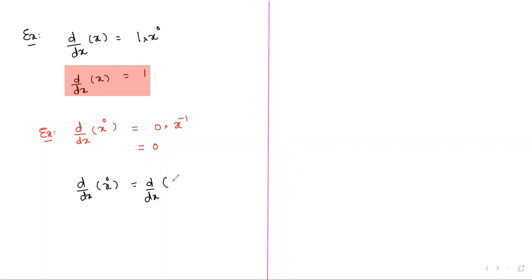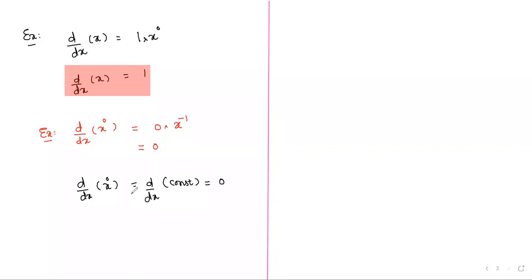So 1 means, shall I write it as a constant? 1 is just a number. A number is a constant, right? So d by dx of a constant is always equal to 0.